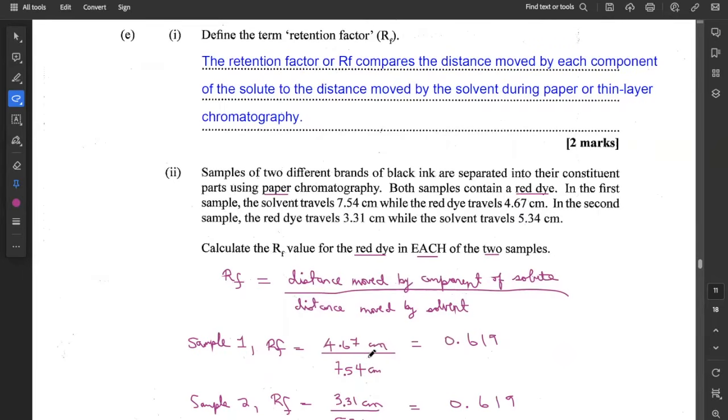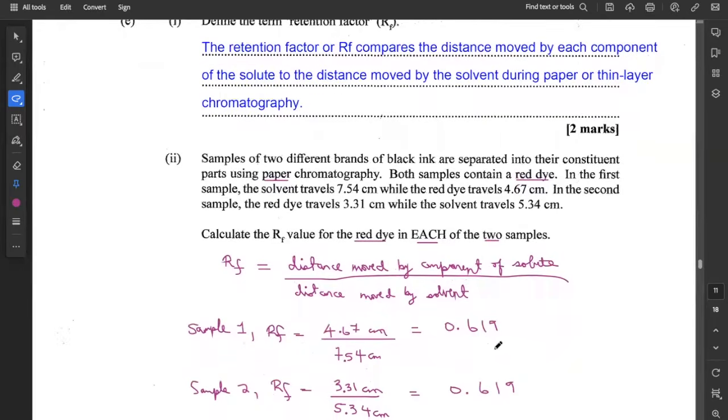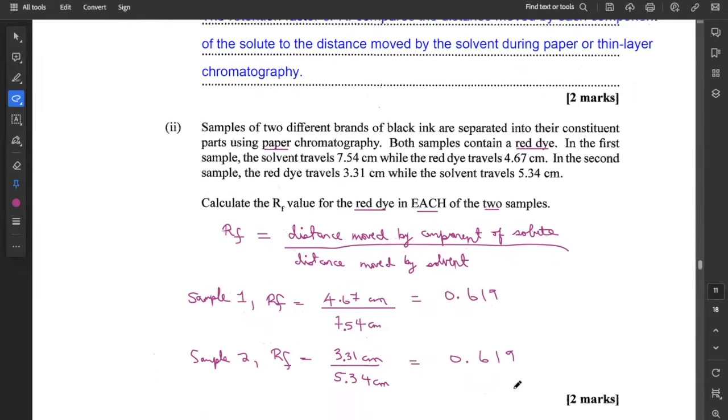When we divide those through, we get 0.619, right? And when we do that for the second sample, where the red dye moved 3.31 centimeters and the solvent moved 5.34 centimeters, we came out with that very same number of 0.619. So the RF value for both of these dyes is exactly the same, okay?